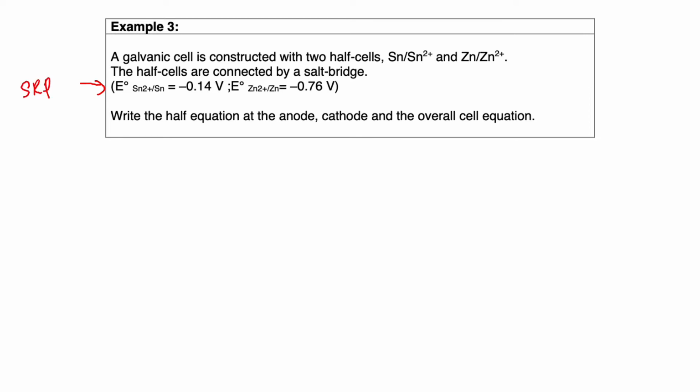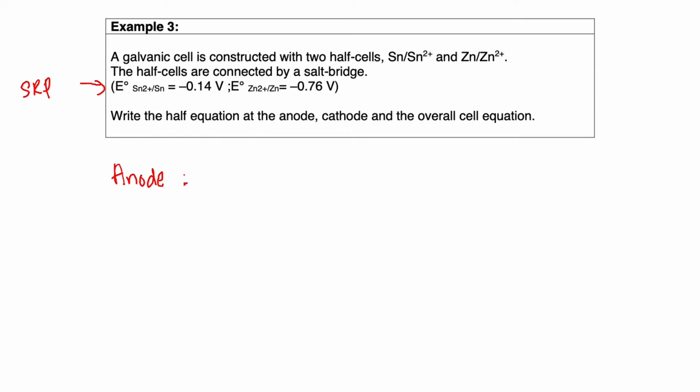Okay, so we know cathode should be more positive and anode should be more negative. So which one is more positive? Anode should be more negative, right? More smaller.